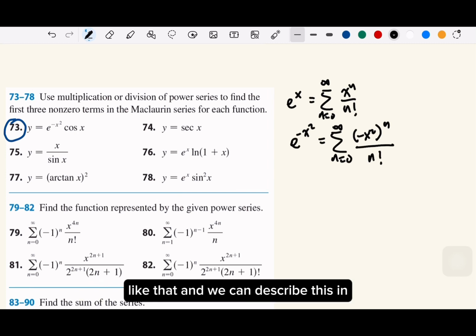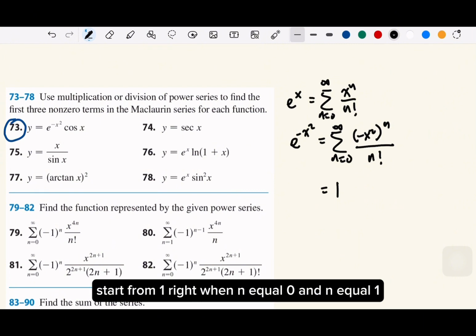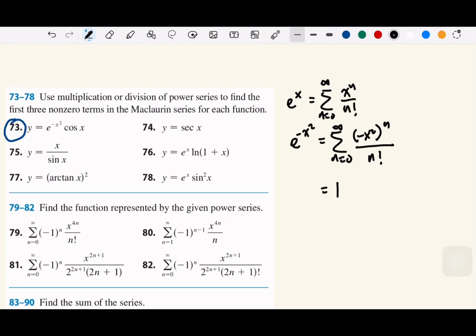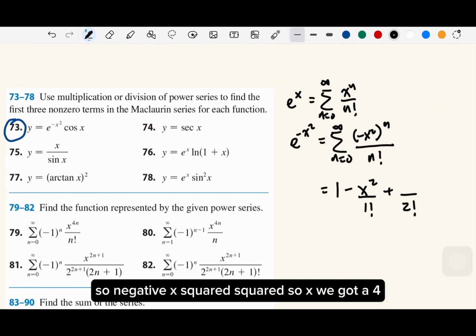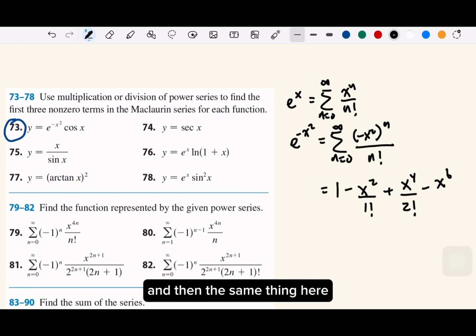And we can describe this within each term. So start from 1, right? When n equals 0, and then n equals 1, this will be negative, and then n equals 2 will be x to the power of 4, right? So negative x squared, so x with power of 4, and then the same thing here.